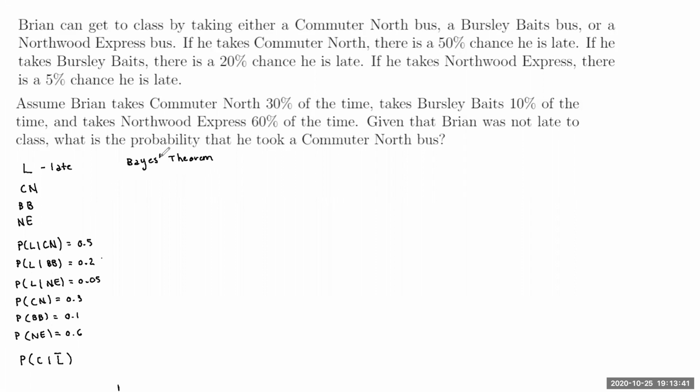To take a step back first, Bayes' theorem relates a lot to conditional probability. In this case, we have these three ways he can get to class. He can either take Commuter North, Bursley Baits, or the Northwood Express. And if you notice, the probabilities here are 0.3, 0.1, and 0.6, which add up to 1.